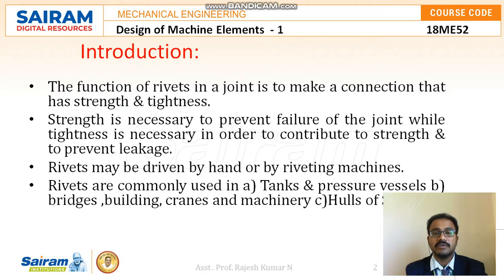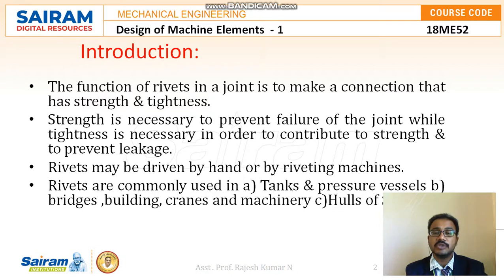The major function of the rivet is to make a connection that has strength and tightness. When we speak about mechanical factors, many factors are there. Among those, for riveting, the two important factors to be considered are strength and tightness. Why are strength and tightness required?